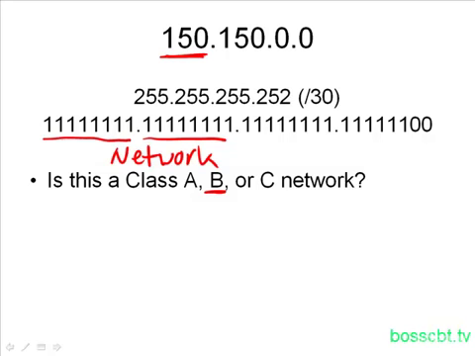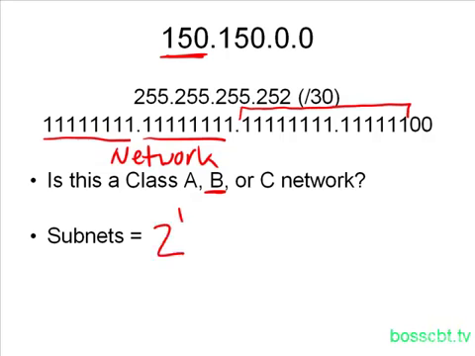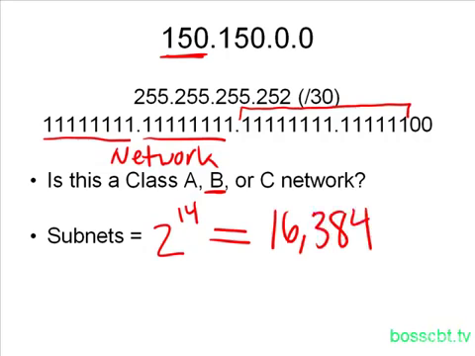So when we go ahead and try to figure out the number of subnets we can create, we need to know the number of subnet bits. Well, the remaining subnet bits in this mask are the 1s, and we can see it is all of these. So our formula will be 2 to the power of 14, there are a lot of them this time, equals 16,384. That's a lot of subnets. We're really chopping this Class B network into a lot of different subnets.